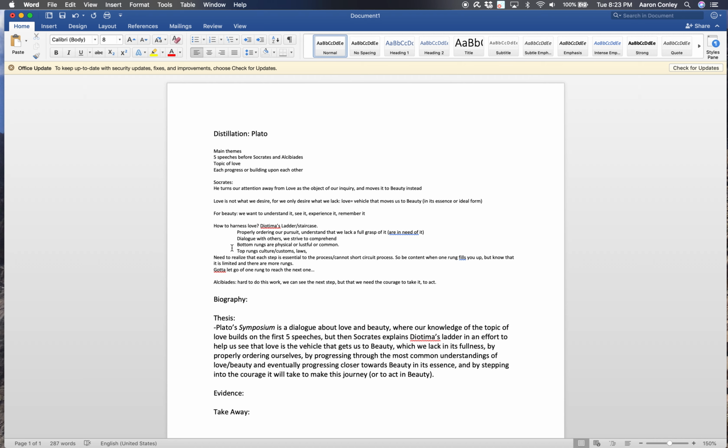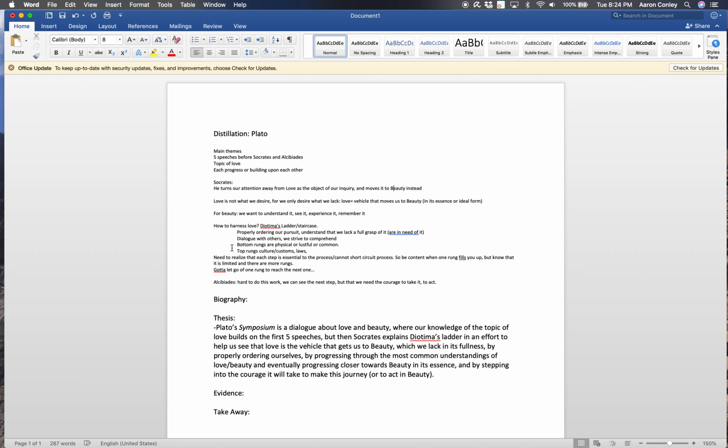Instead, what our laws represent is the outpouring of our collective struggle as a city or as a community to embody the ideals and live them out. And we always can push and drive towards making them better and more closely in alignment with what beauty is or what justice is. And that's why culture, customs, and laws are at the top of the ladder here.